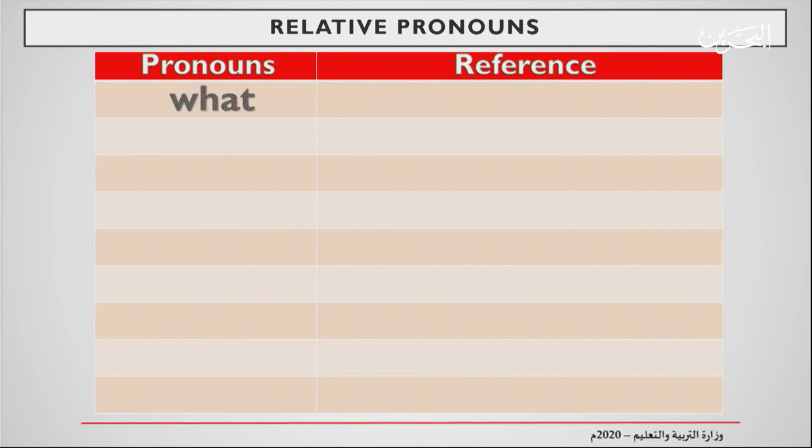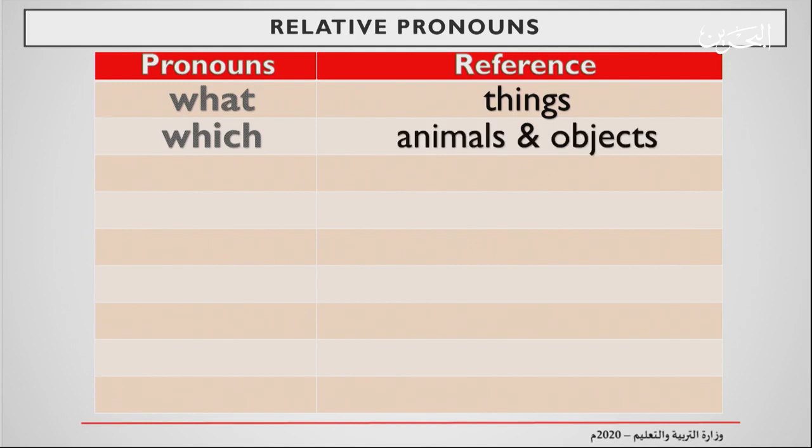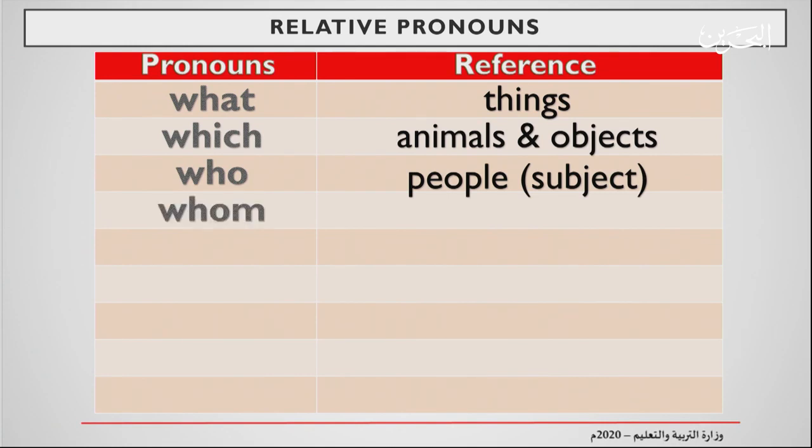The first one, what. It means things. You are asking about things, or you are referring to things. Which, you are referring to animals and objects. Who, you are referring to people, but in the form of a subject. Whom, again people, but in the form of an object.